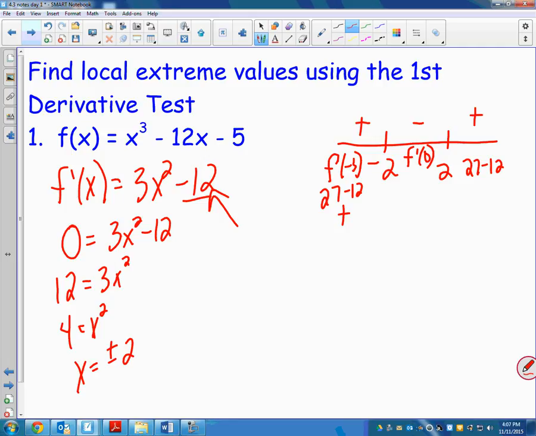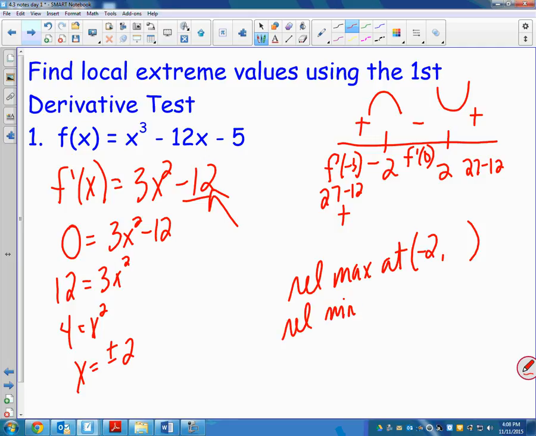So I can see, without ever graphing this, and if you ever forget, just draw the picture, right? It's increasing to decreasing, it's decreasing to increasing. So I can say that there is a relative max, or a local max, at negative 2, something, and there's a relative or local min at 2, something.